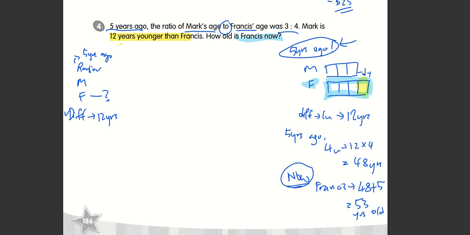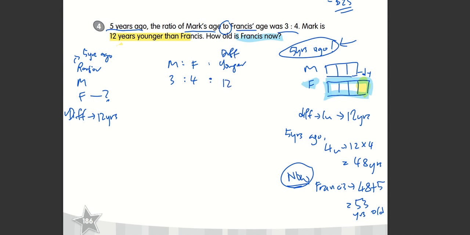Okay, in the same way I can use the ratio to find the answer, but I must be really cautious here, because at some point the ratio can't get me to the answer. And in fact, sometimes the model method is faster, because you could see that unit very obviously once you draw it. So the 12 years younger part is the difference.